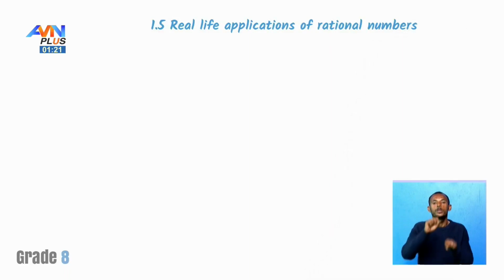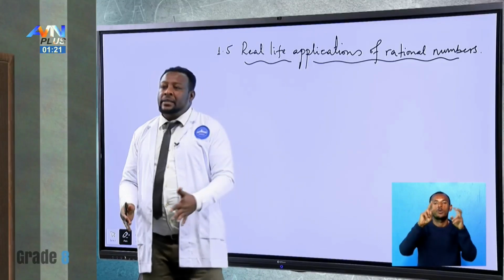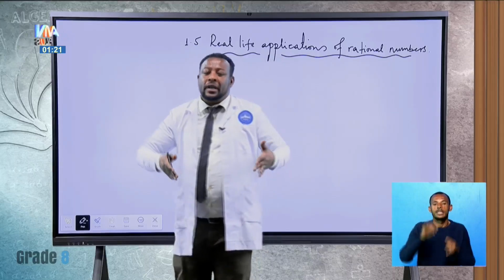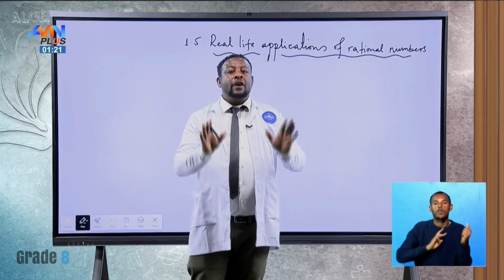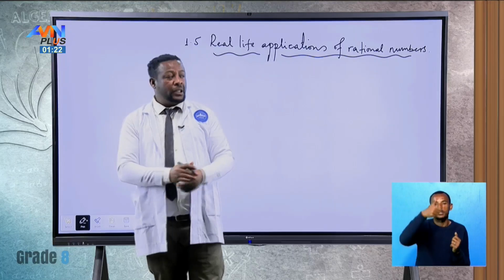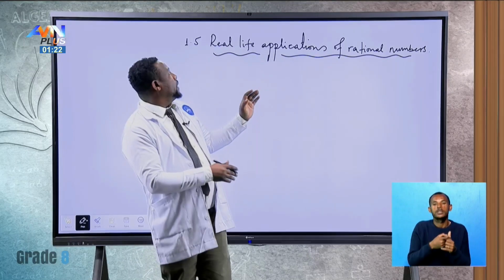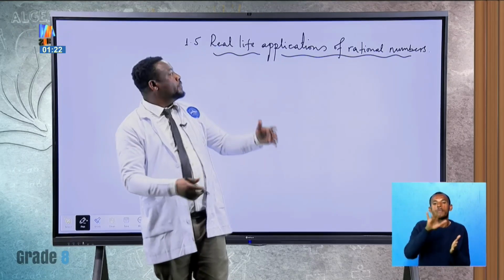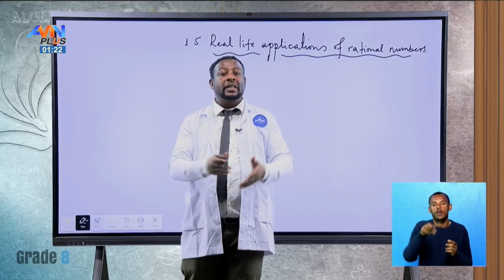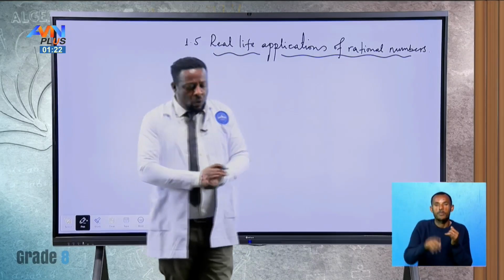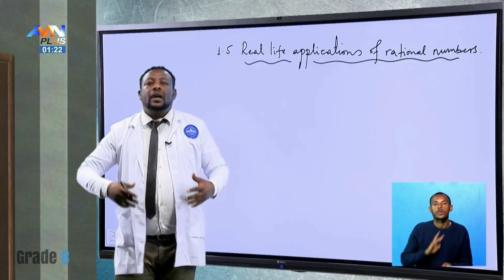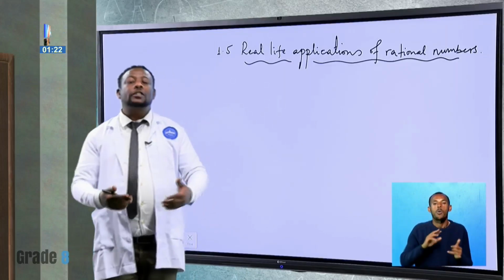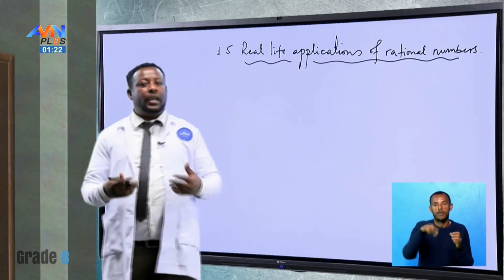So this topic is the last topic in the first unit, okay? Basically, we have 5 major subtopics in the first unit, and 1.5 is about the real-life applications of rational numbers. This will be the end of the first unit. So when we come to this topic, we will see how we apply the concept of rational numbers in our day-to-day activity.